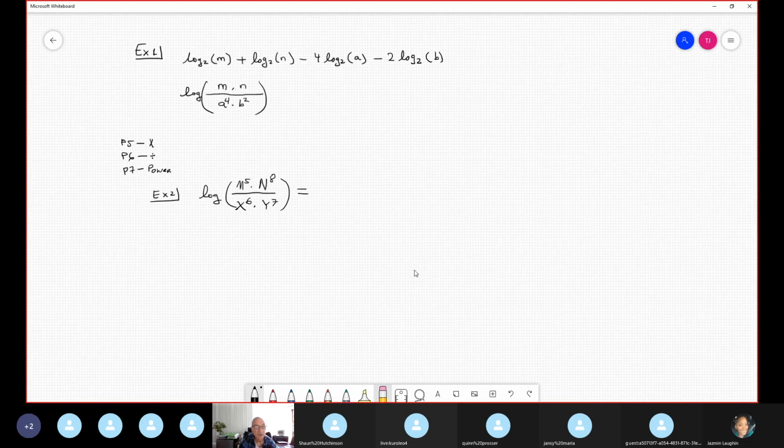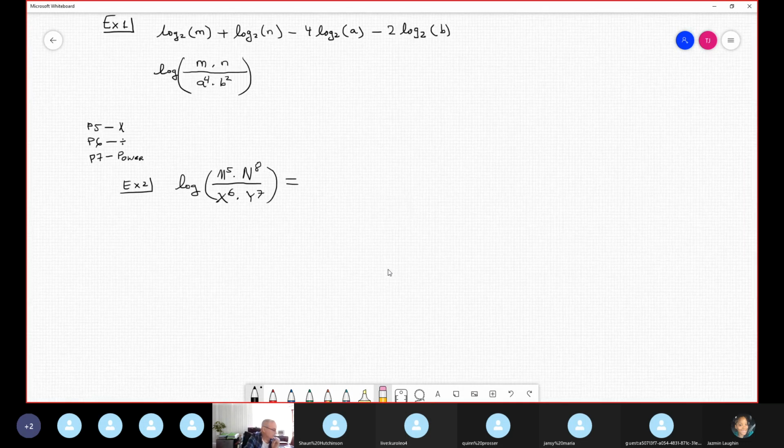So the idea is completely opposite. I want to expand, and when you expand, you convert the power to a factor. So basically, you apply properties 5, 6, and 7.